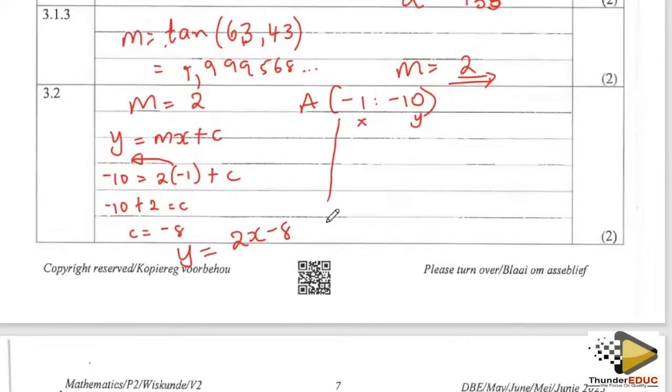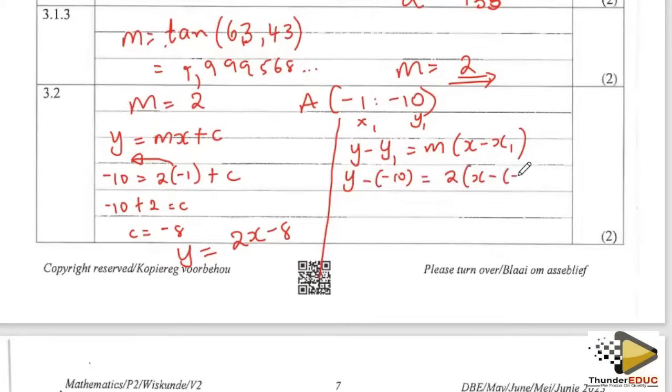Alternatively, someone can use y minus y1 is equal to m into x minus x1. So still the same thing. That is y1 and x1. I'll replace these coordinates. It will be y minus -10 is equal to 2 into x minus -1. This is y plus 10.